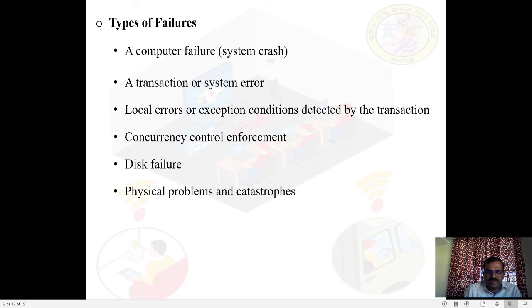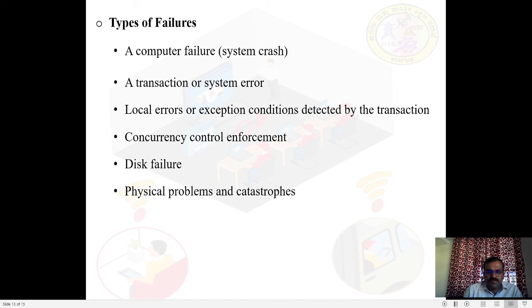Some disk blocks may lose their data because of read or write malfunctions or because of a disk read or write crash. And the last type of failure is physical problems and catastrophes. This refers to an endless list of problems that includes power or air conditioning failure, fire, theft, and overwriting disks or tapes by mistake.